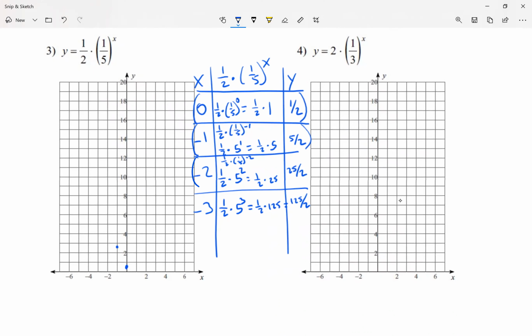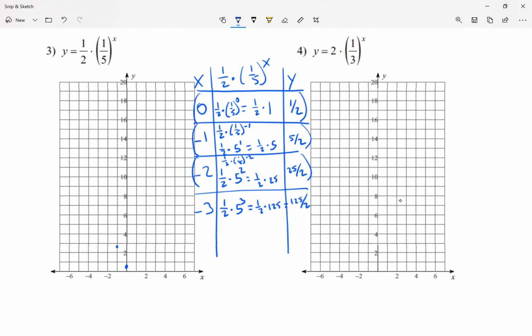Then when x equals -2, y equals 12.5. And the third point, it doesn't fit. So it looks like it's going down this way. And again, it does exist on the right side. It's just approaching 0.